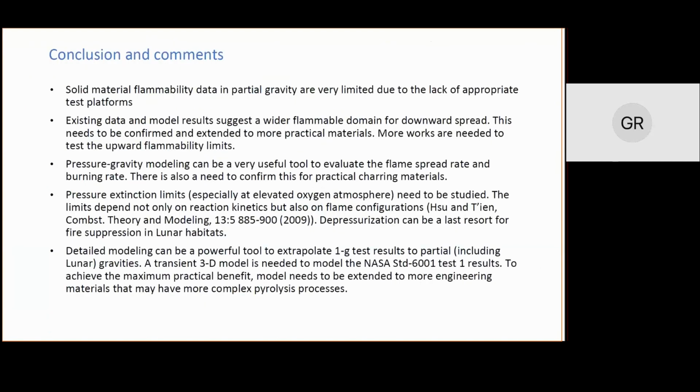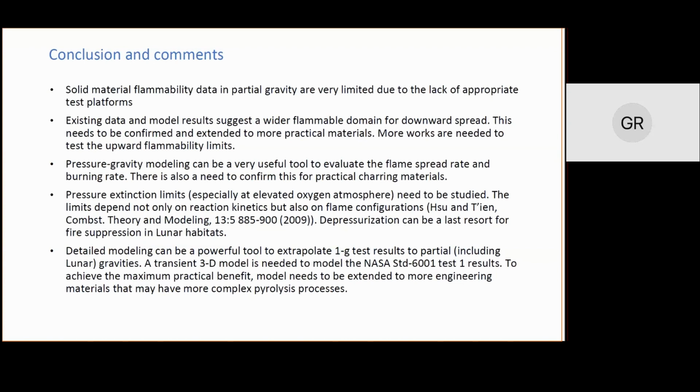We know material flammability data is very limited in partial gravity just because of very limited test opportunities. Existing data suggest a wider flammability limit for downward spread at reduced gravity. This is using very simple solids and needs to be extended to practical materials.